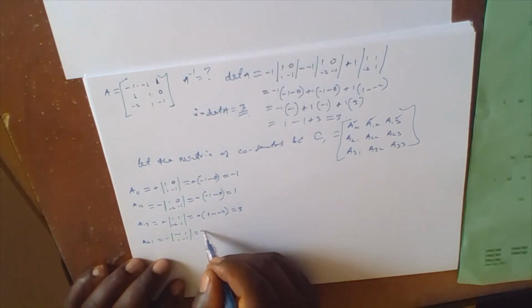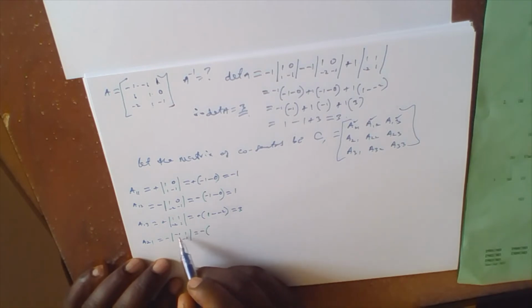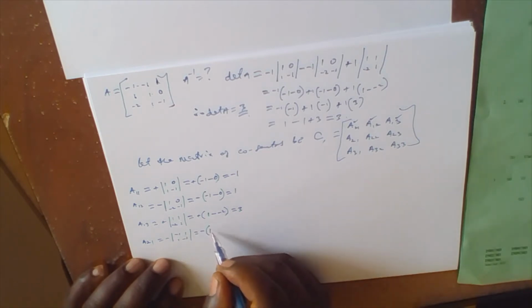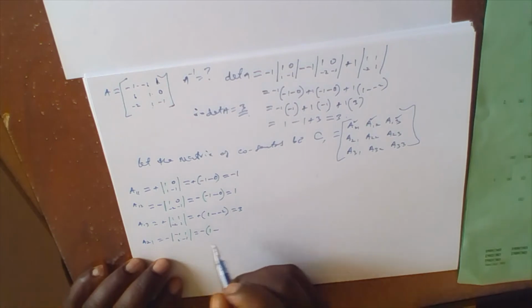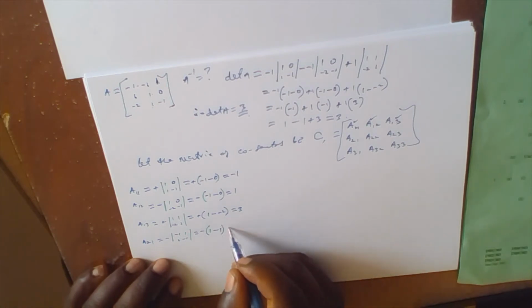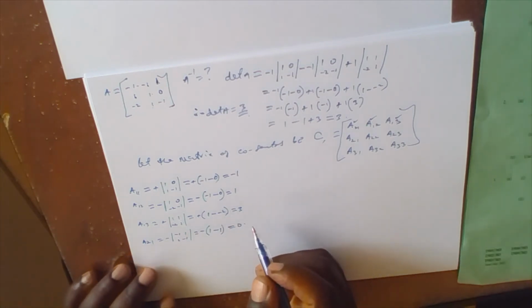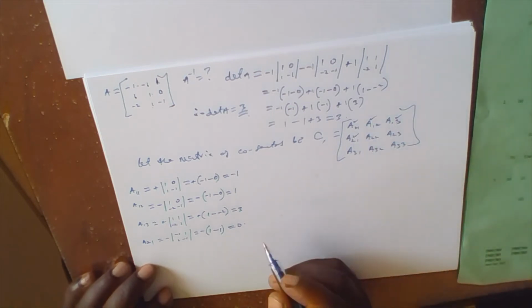So the place sign is minus into negative 1 times negative 1, we have 1, minus 1 times 1. So this equals 0. We are done with that.